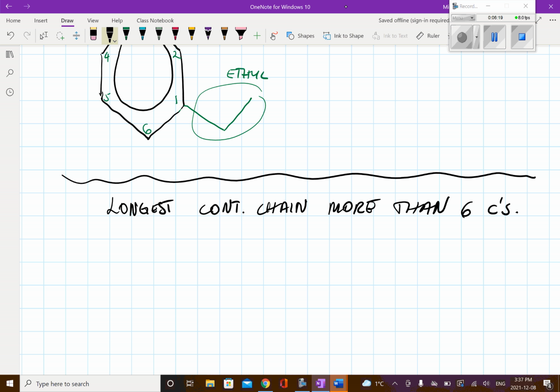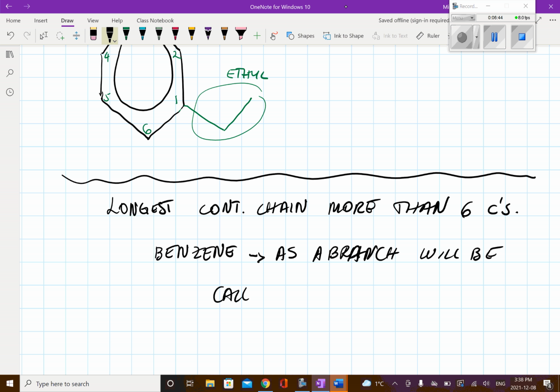Then if we see a branch that is benzene, that is not the main chain. Okay, then the benzene as a branch will be called phenyl.